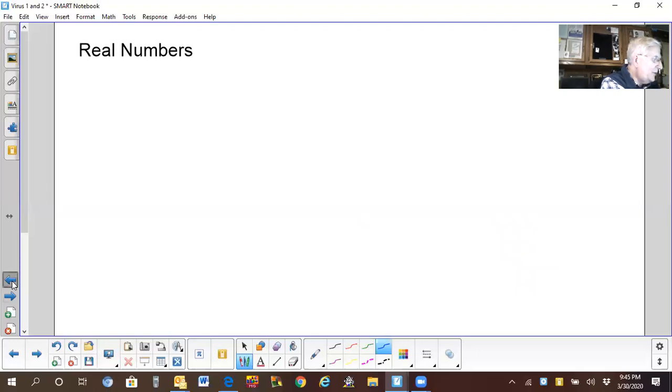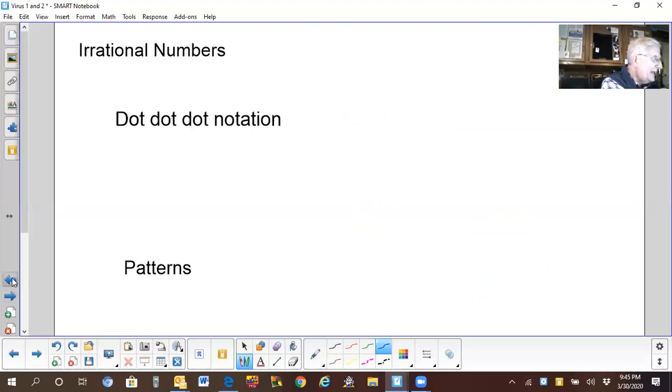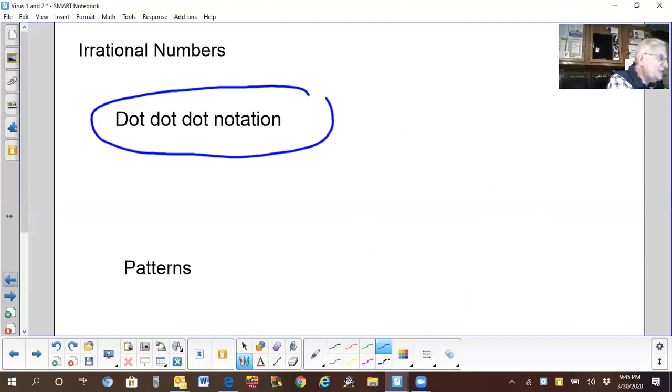I would just like to go back here for a moment and take a look at this term right here, dot, dot, dot notation. You recall that if we want to show something is continuing in the same pattern, we can use this dot, dot, dot notation.